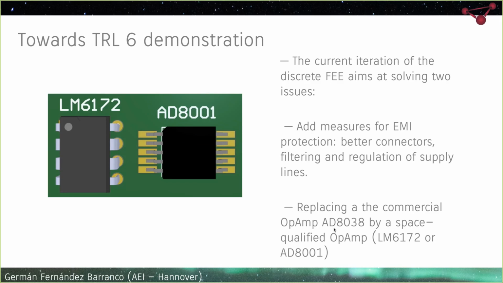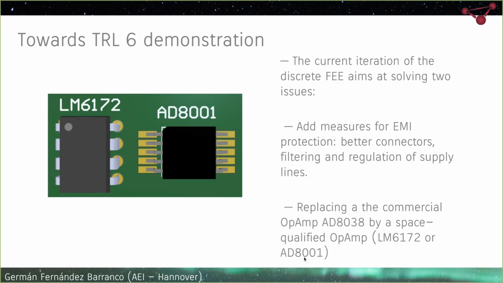It was used in 2 space missions. That's why it was chosen, but it's not space grade. So we want to replace it by space grade op-amps, and there are 2 candidates. One is the LM6172, and the other one is the AD8001.